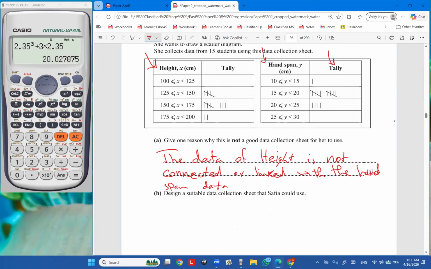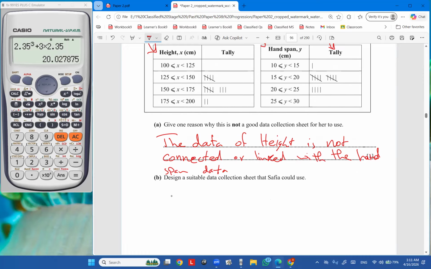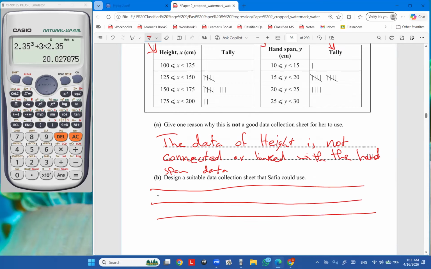So design a suitable data collection. All you need to do is just write height and hand span here, and you start connecting them. That's it.